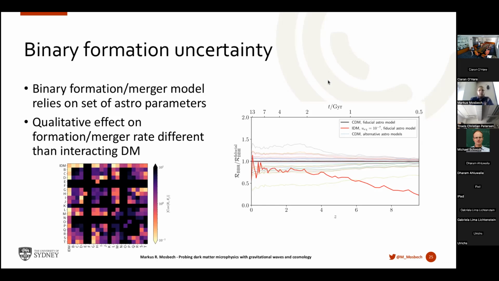What you see here is, normalized to the fiducial astro model called dark matter, the rate of mergers as a function of redshift, and then with our 10 to the -7 fiducial astro model, one we are quite confident we can distinguish, and then with all these different astro parameters cranked up to a significant deviation from the fiducial model.